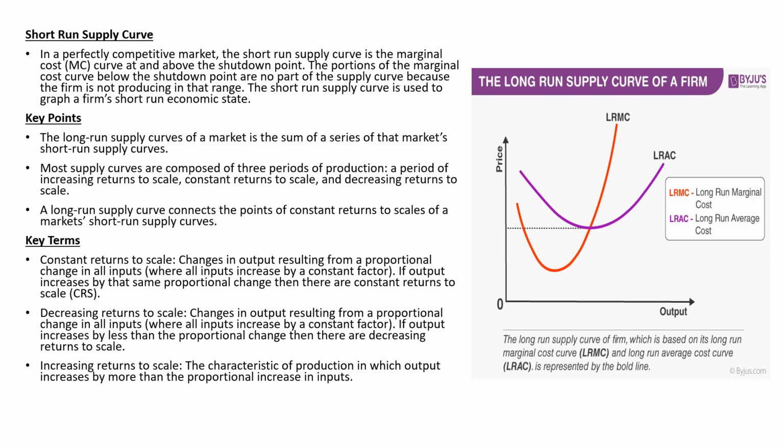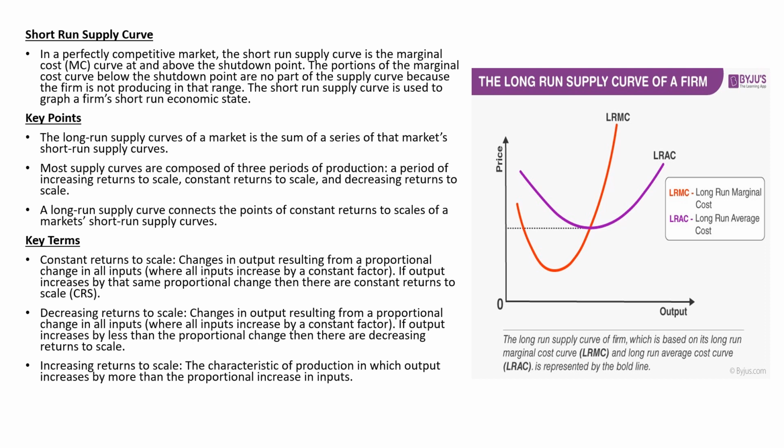So I just want to define all of these terms because it's one of the common questions that come up. What do we mean when we say constant returns to scale? What do we mean when we say decreasing returns to scale? What do we mean when we say increasing returns to scale?